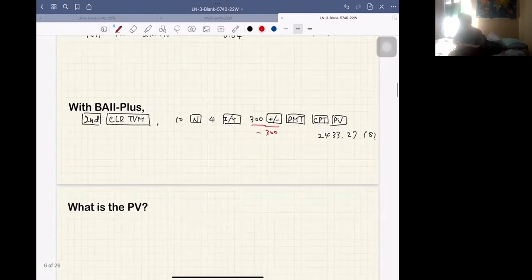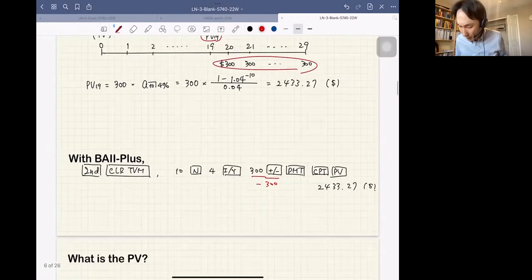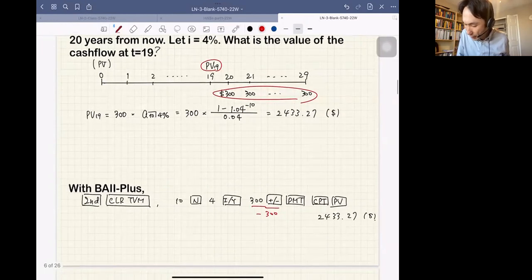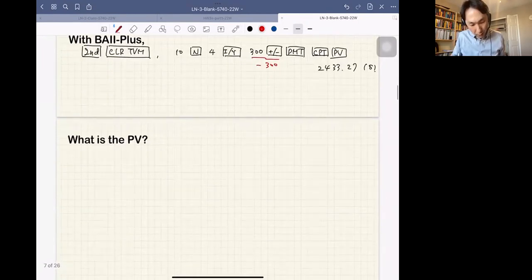Okay, so now that we want to calculate PV, what is PV? PV is 19 years before this time point. So we just multiply by v to the power 19. That means PV is equal to v to the power 19 times PV sub 19.